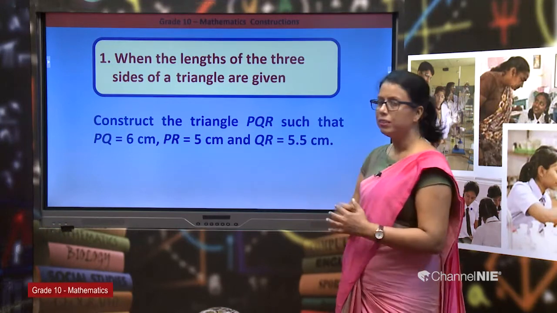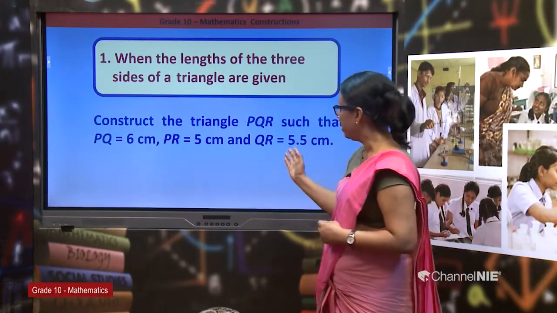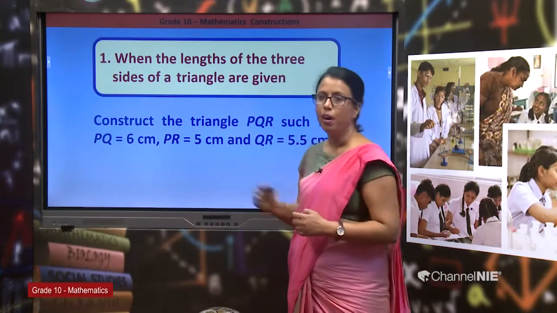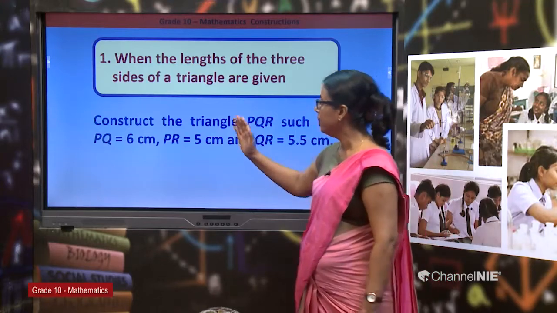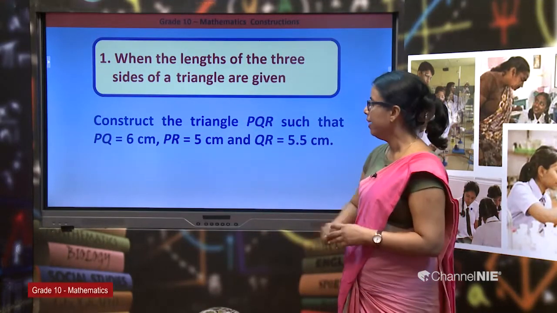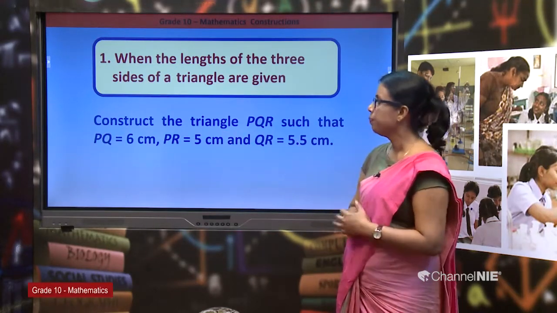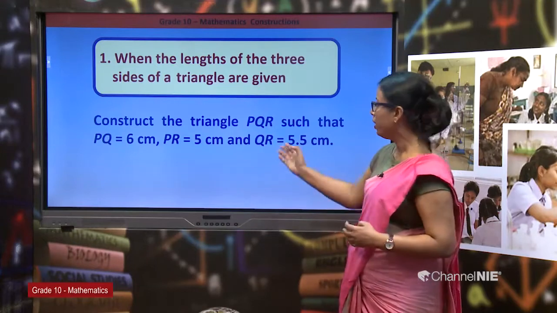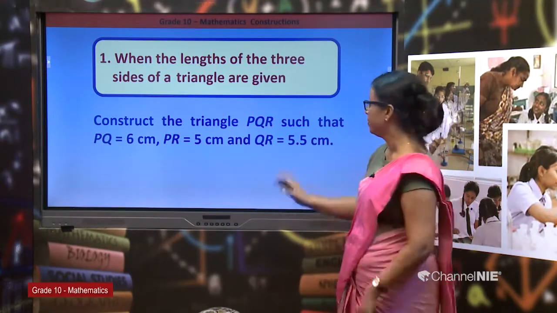So, where can we start? What is the best? You can take PQ or PR or QR, but I prefer PQ is the best side to start. Why I am telling that? That is the longest length. Either you can start PQ or PR or QR, but let's try the longest side.